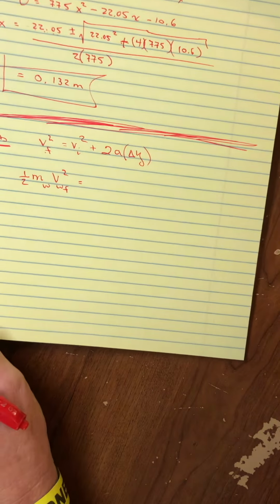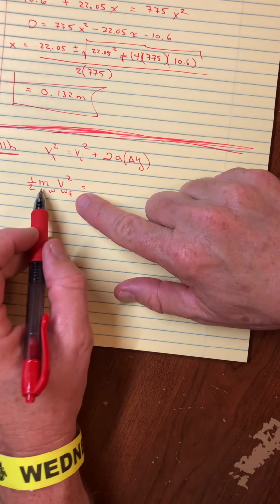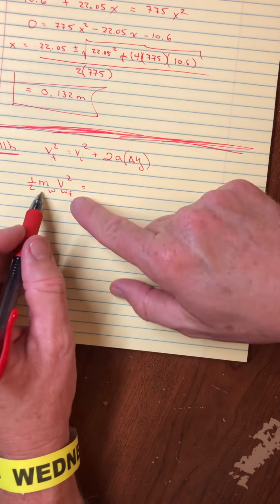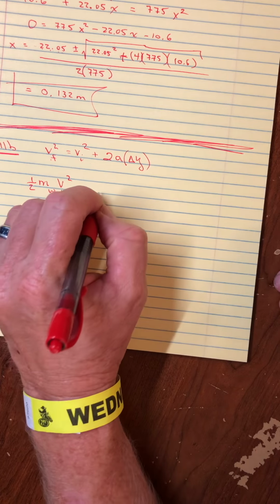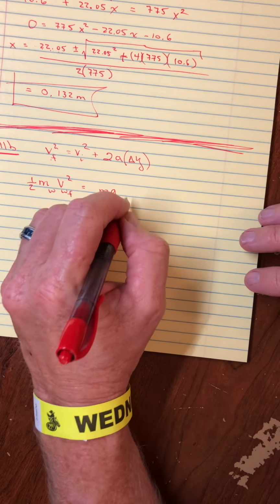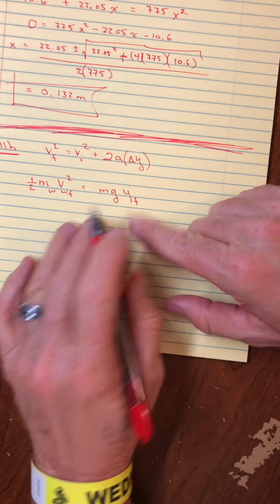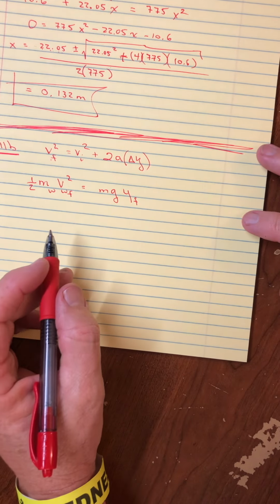But thinking of just the energy involved in the block after the impact, all of that kinetic energy is going to become gravitational potential energy as it goes up.